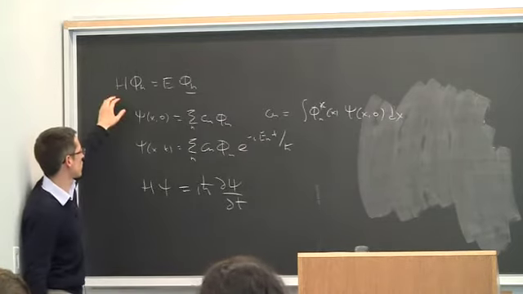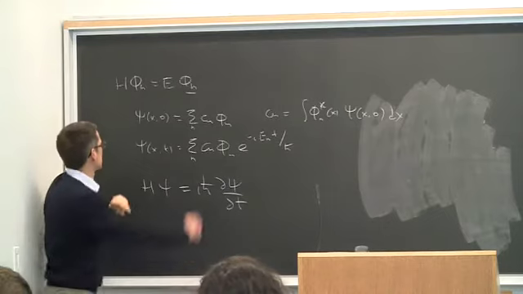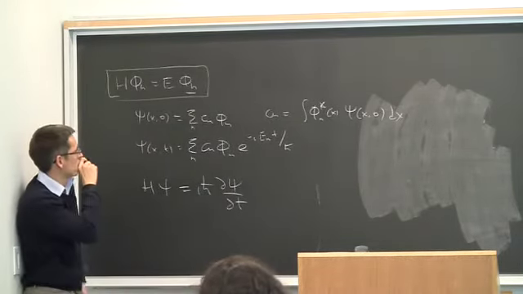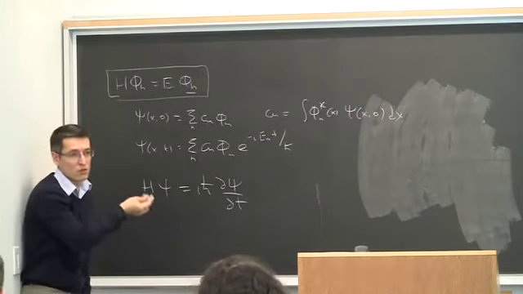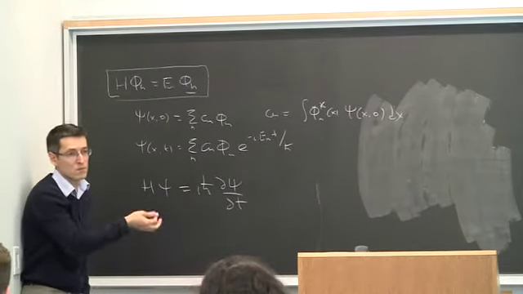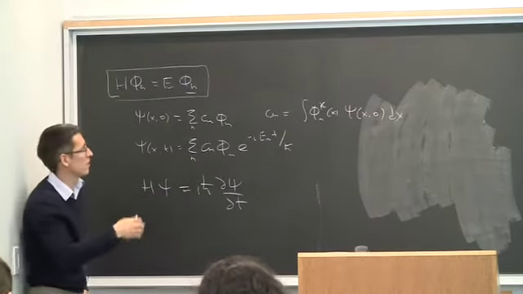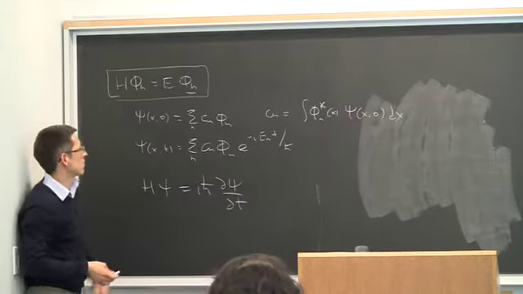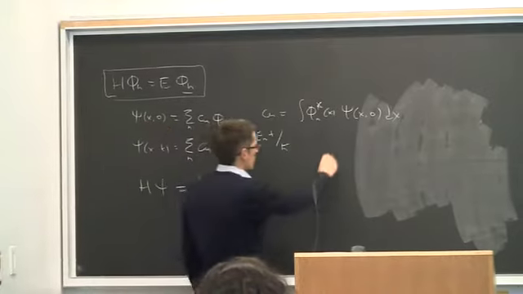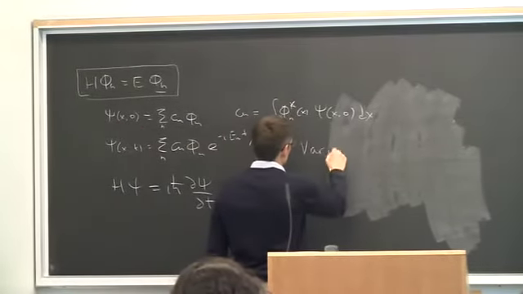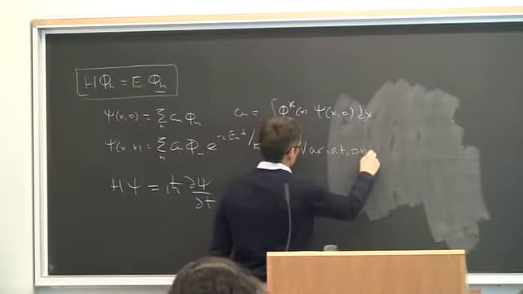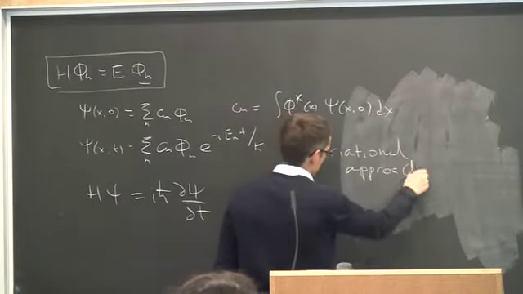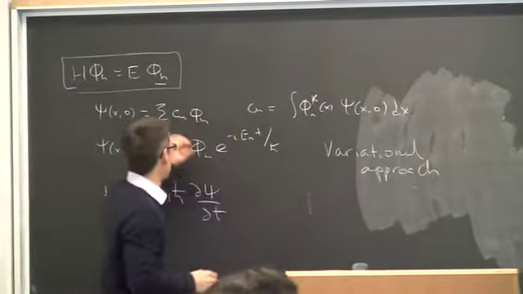Today we will focus initially on how to solve this problem if it's not amenable to analytical solution, if it's not a model problem, like particle in a box, harmonic oscillator, that sort of stuff. Then the variational approach is one of the ways to solve this problem.